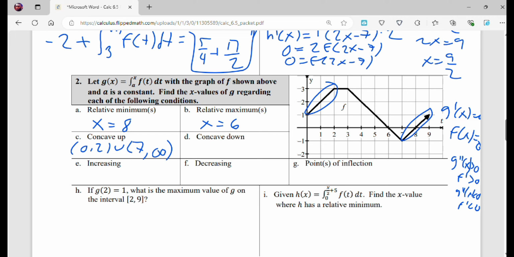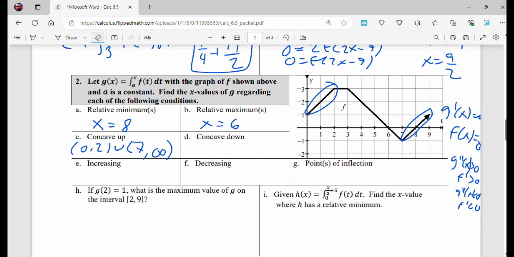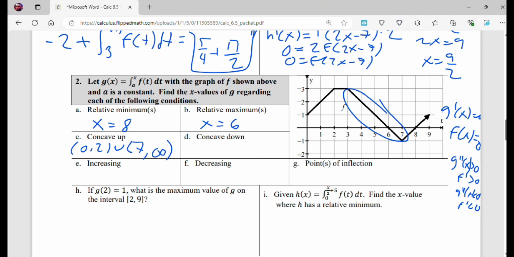Concave down, when do we have a negative slope? g double prime is negative, so f prime has to be negative. So negative slope is right here, from 3 to 7.